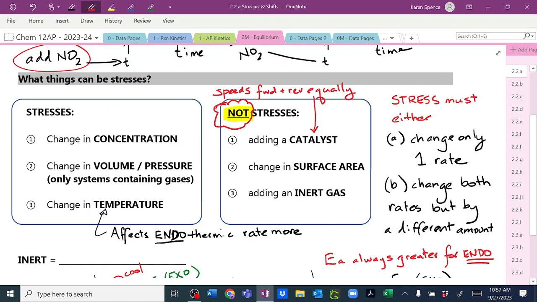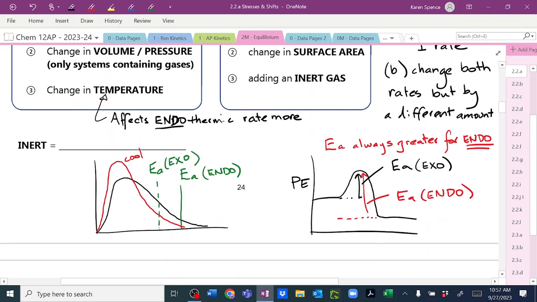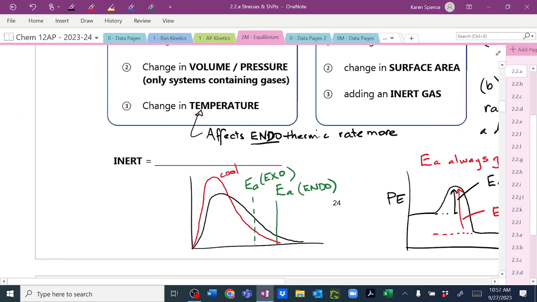I don't know, that's how it is. I try not to think about it too hard because it makes my brain hurt. Okay? Plus, I'm not really good at drawing the diagram, so I don't know if I'm making the curve look correct. So let's just go down to our diagram in here and see. Okay, so if we add a catalyst, let's just do a quick diagram here.